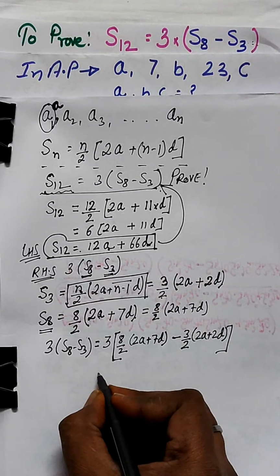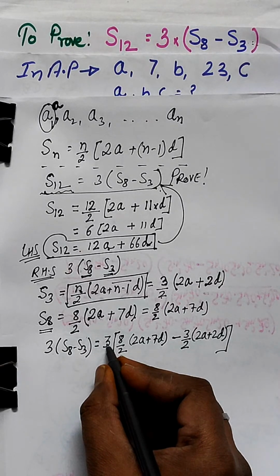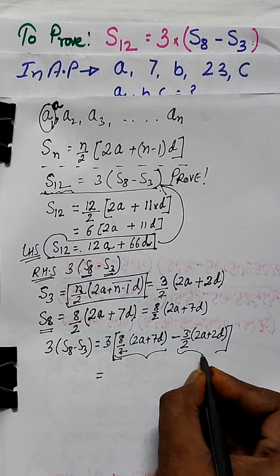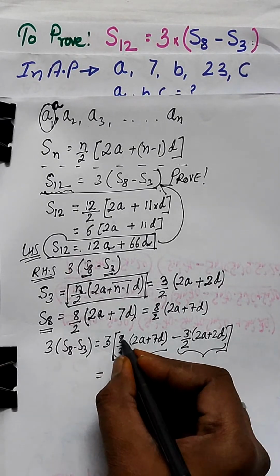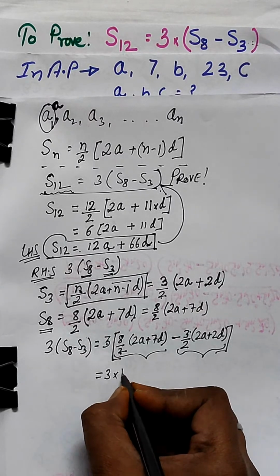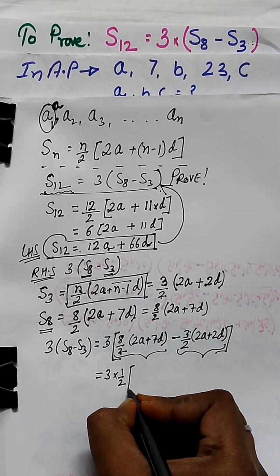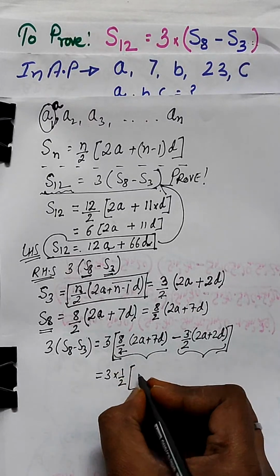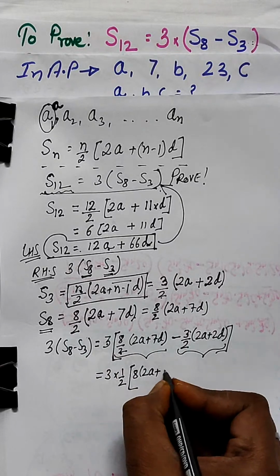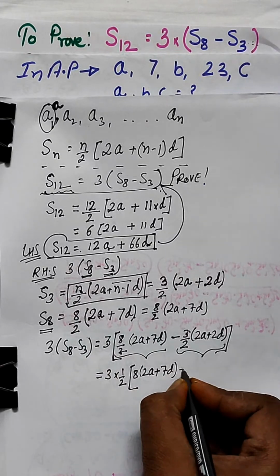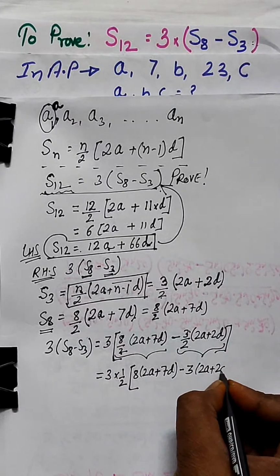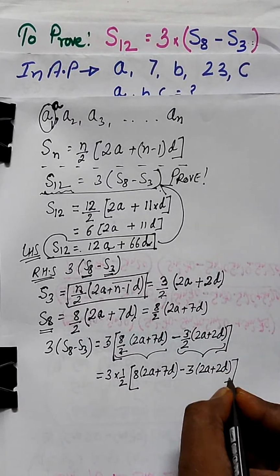Now, since 1 by 2 is common in both these terms, here 3 by 2 and 8 by 2, bringing this 1 by 2 common, we will have inside the bracket 8 times 2a plus 7d minus 3 times 2a plus 2d, isn't it?